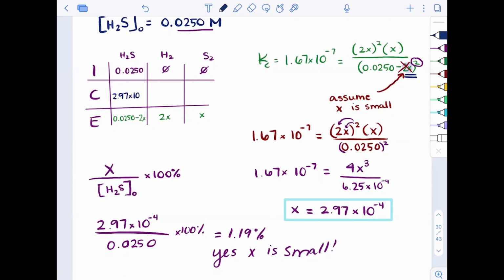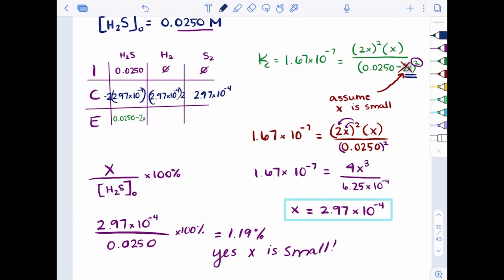2.97 times 10 to the negative 4, 2.97 times 2 times 10 to the negative 4, make your ICE tables bigger, and 2.97 times 10 to the negative 4.